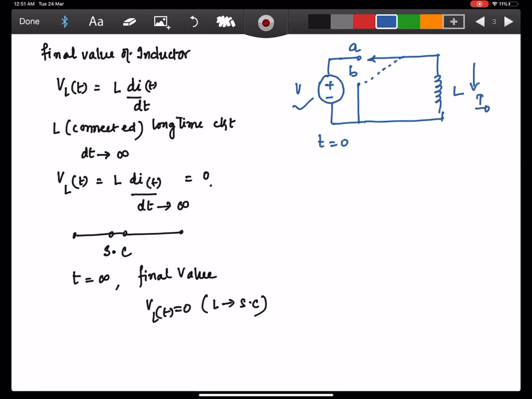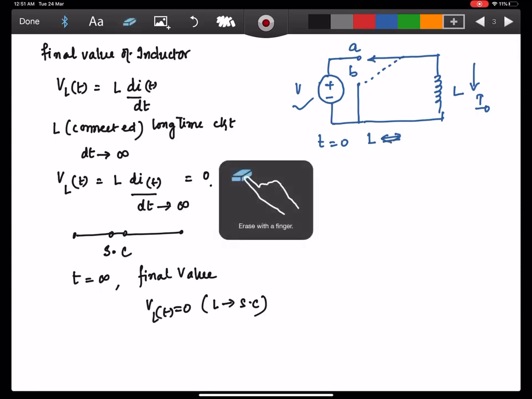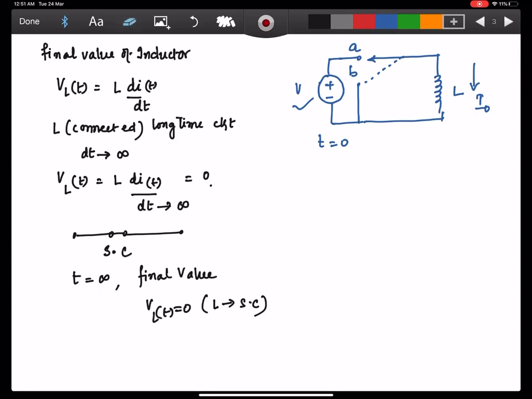We know that your inductor opposes the instantaneous change of current. So at t is equal to 0 minus, you have initial current as I0.